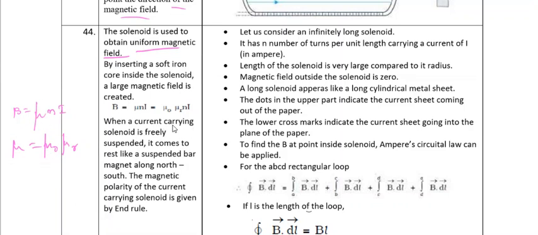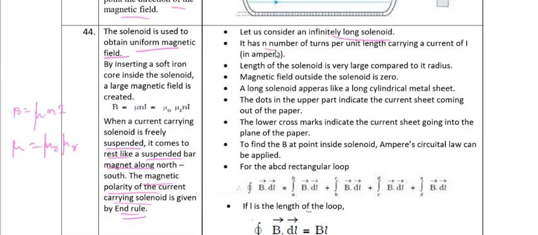Now, when a current carrying solenoid is freely suspended, it comes to rest like a suspended bar magnet. It acts like a bar magnet. So the magnetic polarity of the current carrying solenoid is given by this end rule. We'll see one by one. Let us consider an infinitely long solenoid.